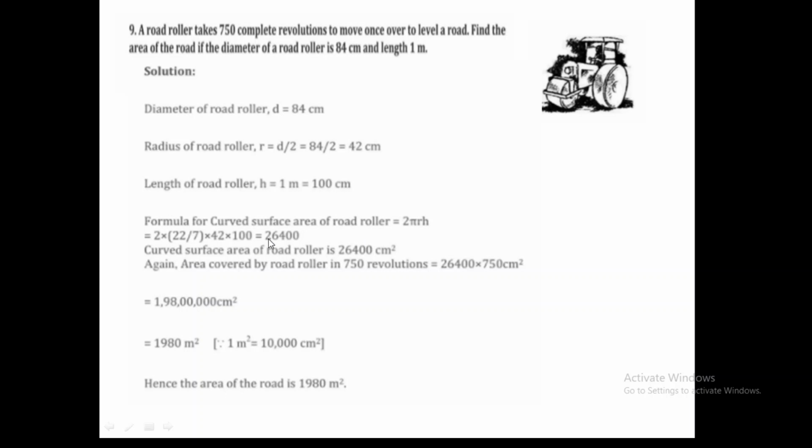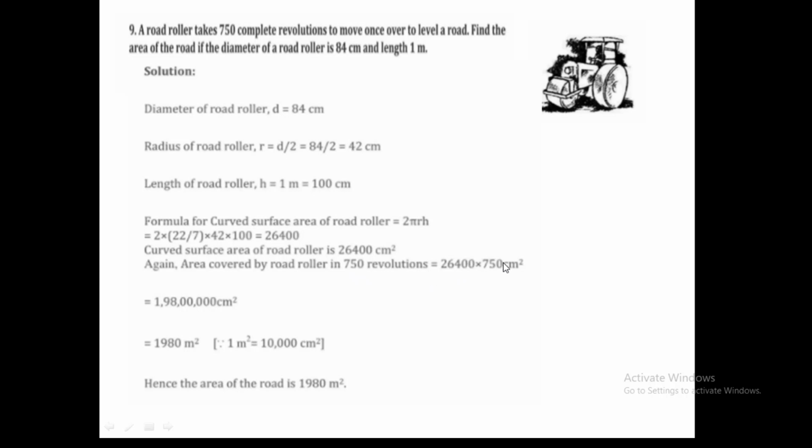2 pi r h. It comes to 26,400 centimeter square. So in one revolution the road roller covers 26,400 centimeter square. Here how many revolutions? 750 revolutions.